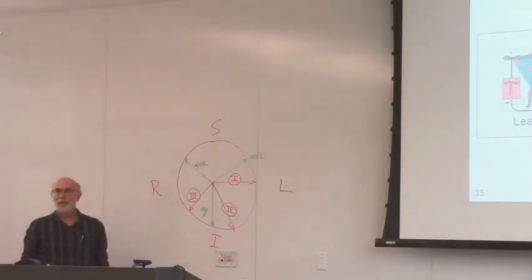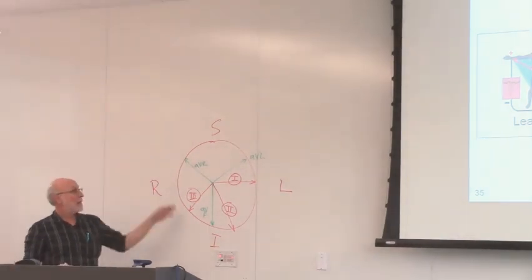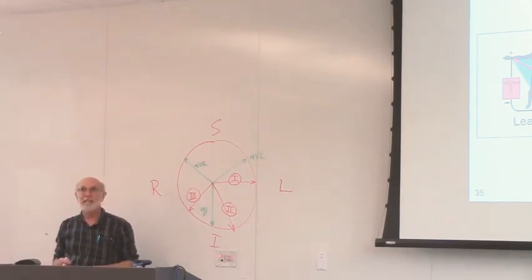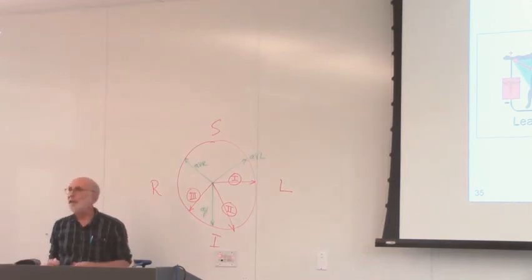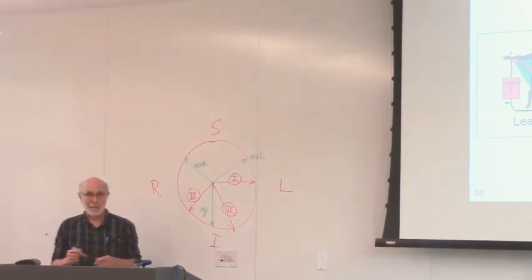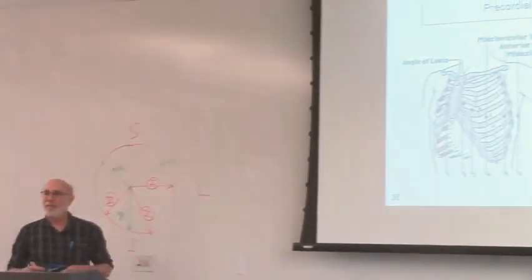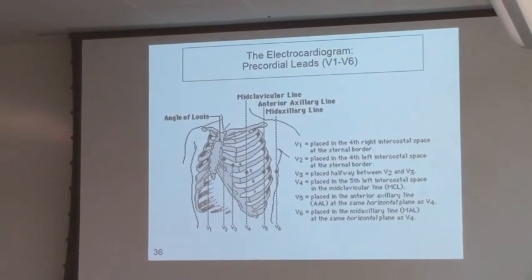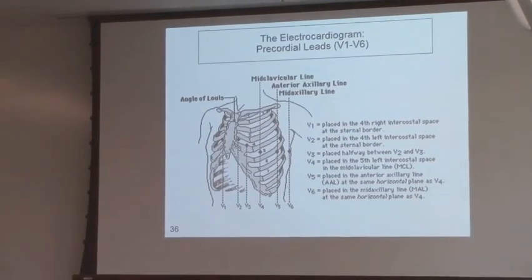Those are the ones we're going to be using in lab today. But in the clinic, they define these 6, called the 6 limb leads because they're connected to arms and legs. There are also 6 more that I'm going to skip. Okay, we can come back to that later.